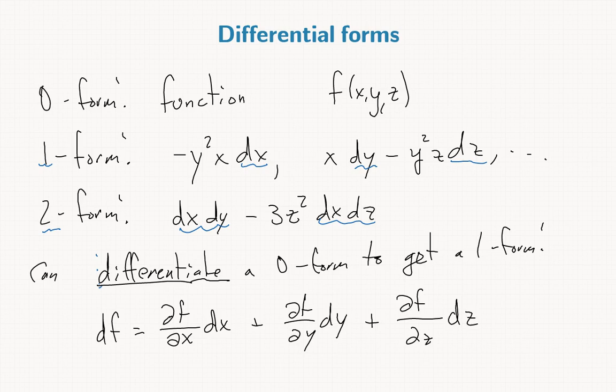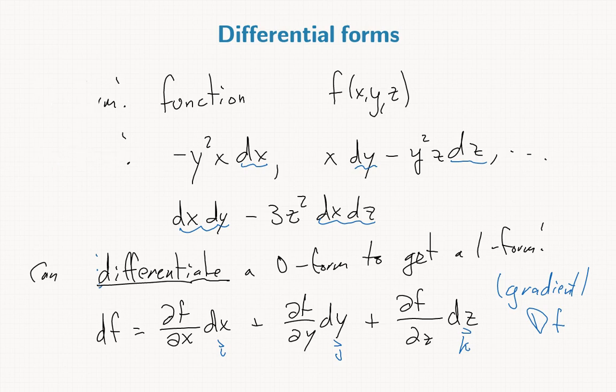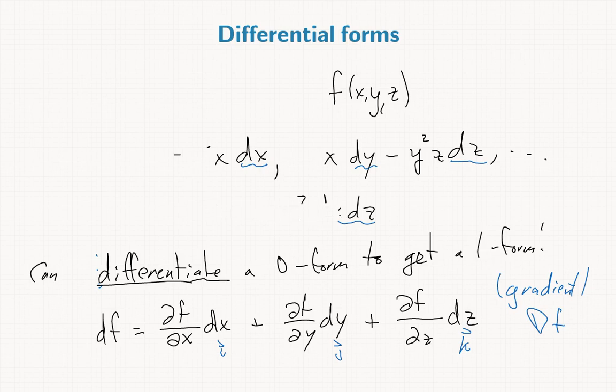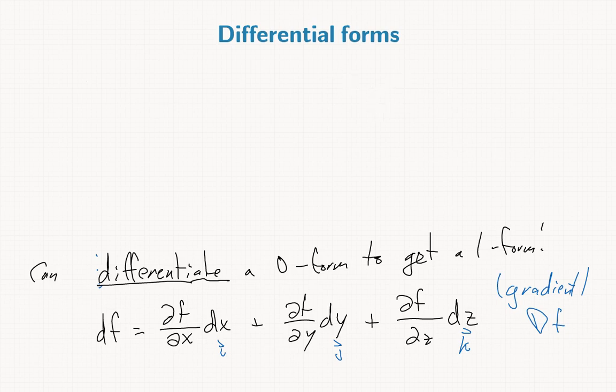So this is essentially the gradient of f, just by a different name. So dx kind of corresponds to i, dy kind of corresponds to j, and dz kind of corresponds to k. I'll be a little more specific about this in a second. But what do dx and dy and dz actually mean?